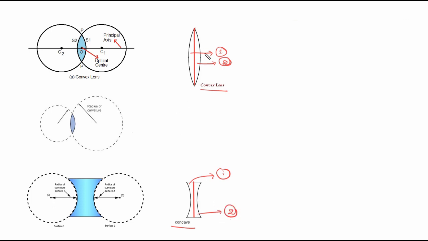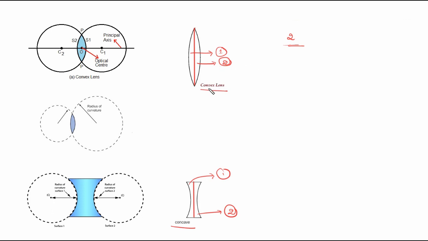Okay, so since these convex and concave lenses are a combination of two spherical surfaces, each lens will have two radii of curvature and two centers of curvature.